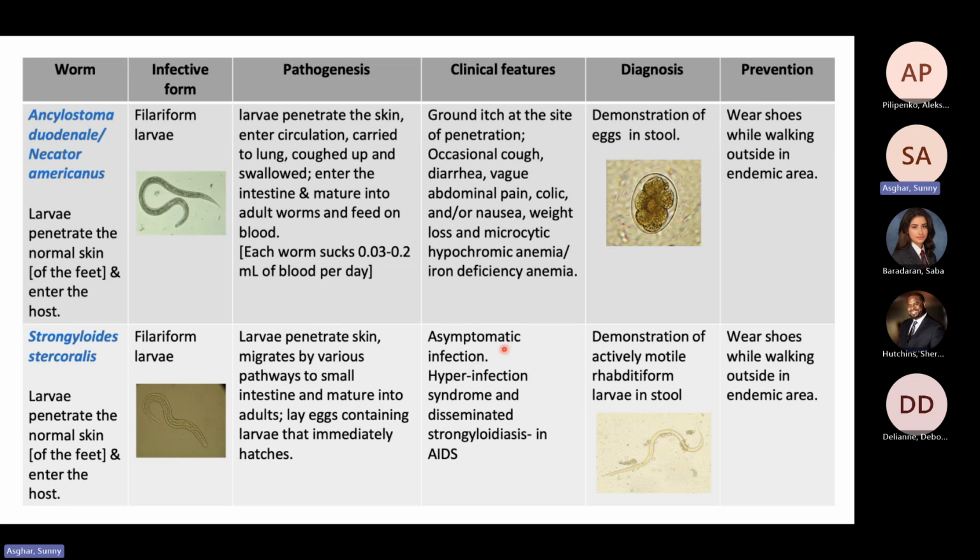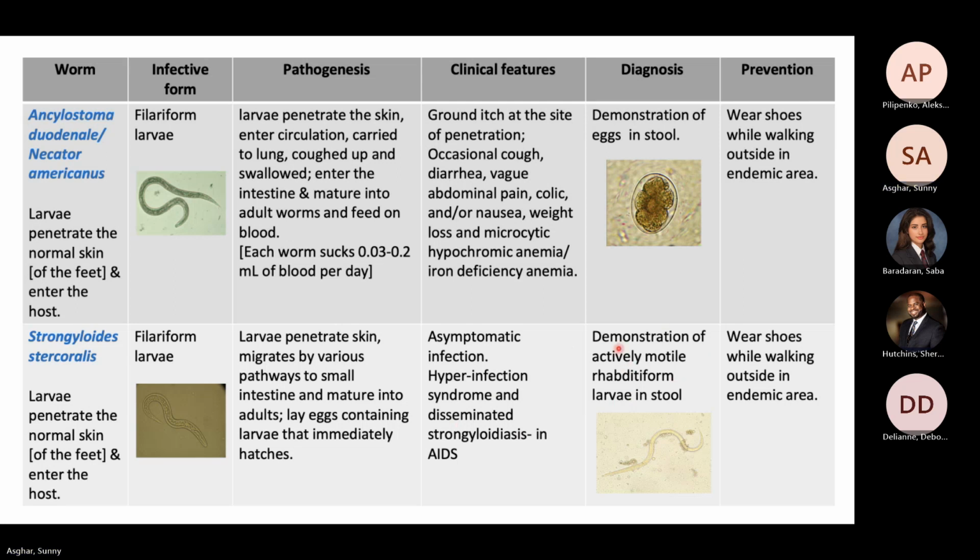But for this one, we have asymptomatic infections, and we're only going to see hyperinfection syndrome in those who are immunocompromised, meaning their immune system is weakened. They're going to be more affected and their infections more prevalent than those with a normal immune system.